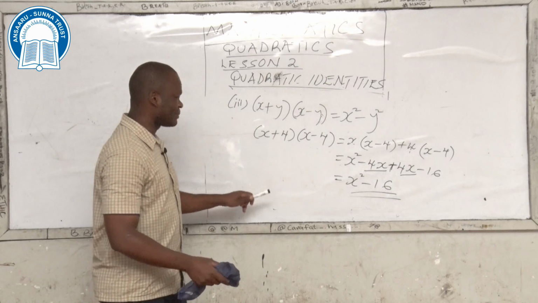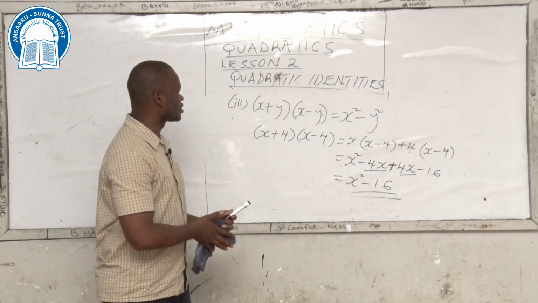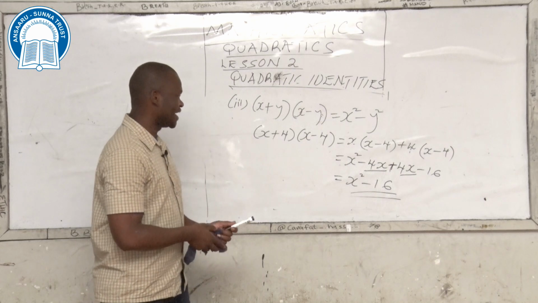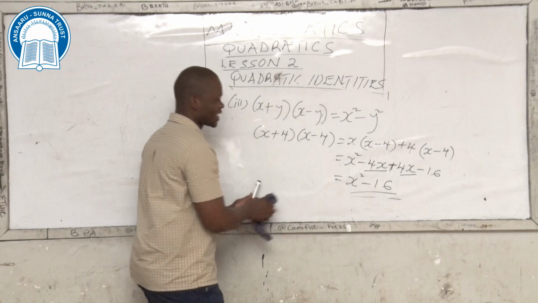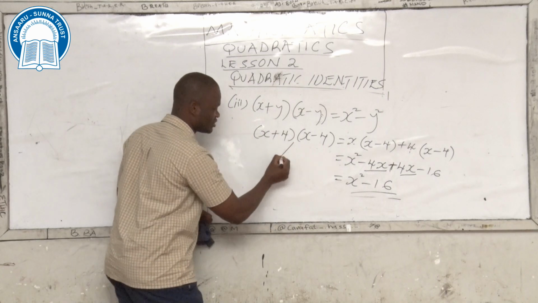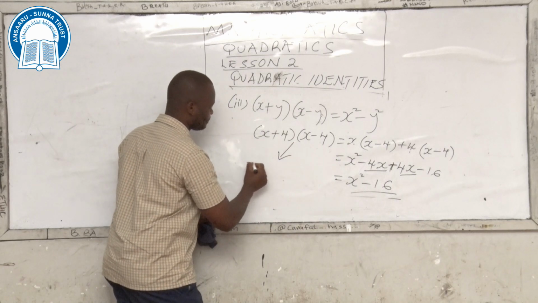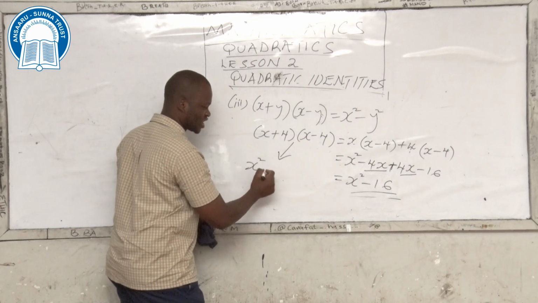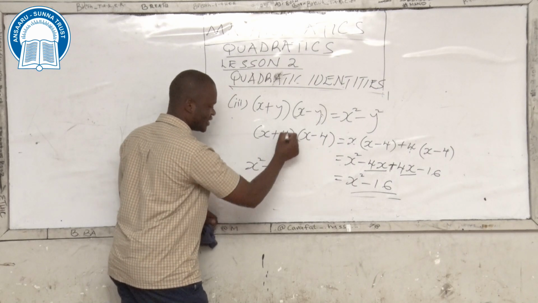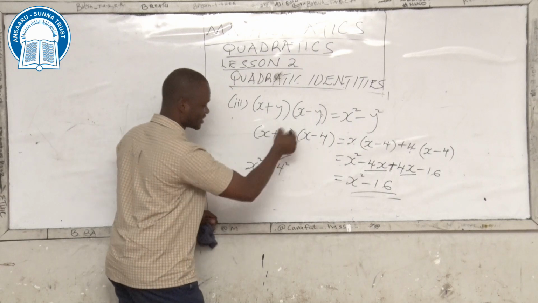So just two examples, and of course now we wind up with the quadratic identities. The same outcome can simply be achieved by taking the x, which is the first term, squaring it, minus the square of the second term.